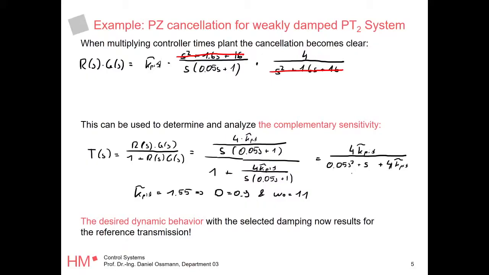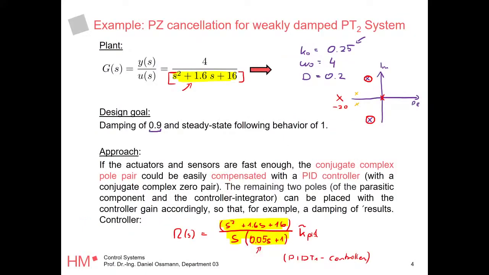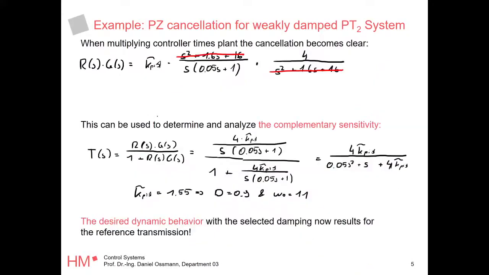It's the same thing as with the espresso machine: compare the coefficients and compute K PID based on the damping of 0.9, because this was the design. We said we want a damping of 0.9. It's exactly the same thing.